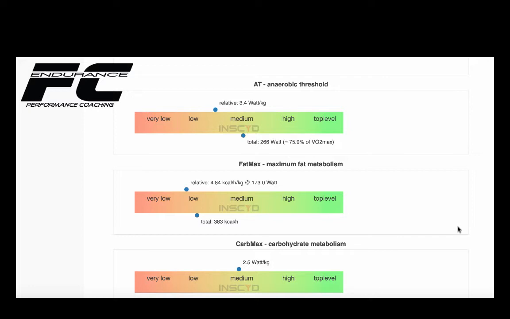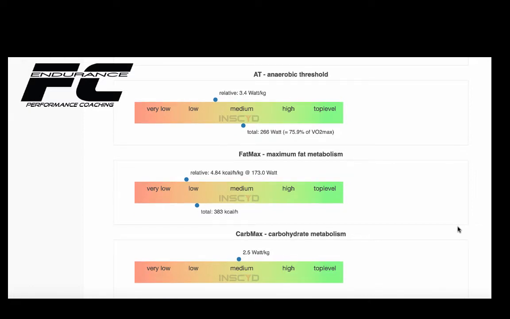Carbohydrates are pretty limited, even though we can carry a lot within the stores in our body. It's best to be able to use a large amount of fat to help with endurance performance. One other thing I should mention with fat max, it can also be looked at as a training intensity, which I'll get to towards the end. That's a training intensity that's beneficial for endurance events.